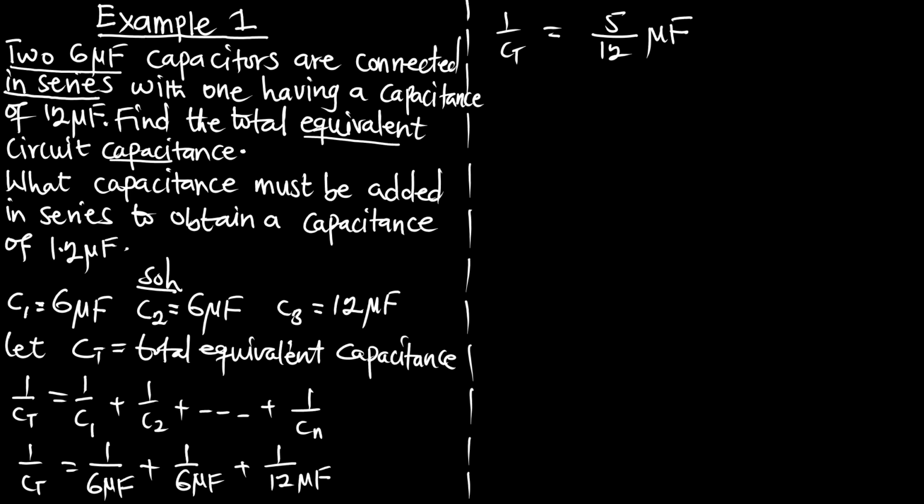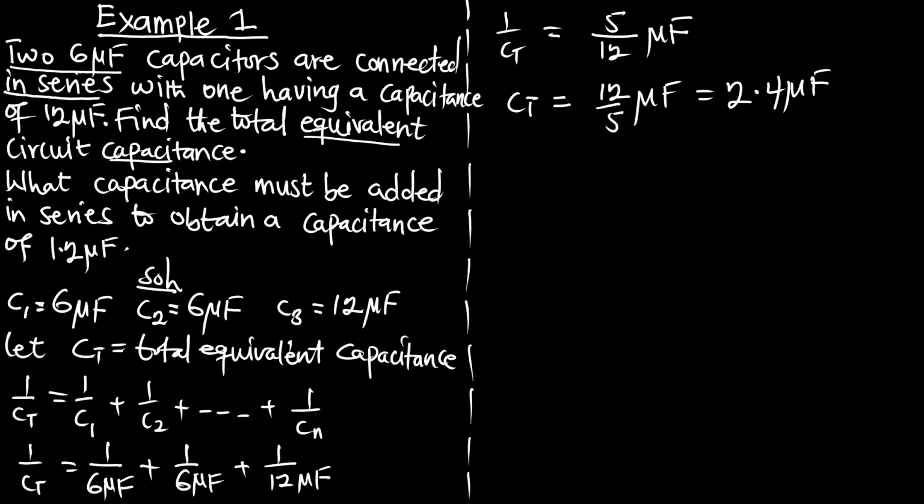And if you reciprocate your answer, the equivalent capacitance is 12 on 5 microfarad, which is 2.4 microfarad. Are you okay? So this is the circuit equivalent capacitance from the three capacitors arranged in series.